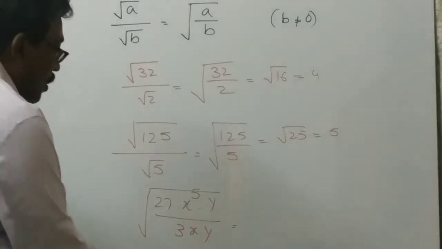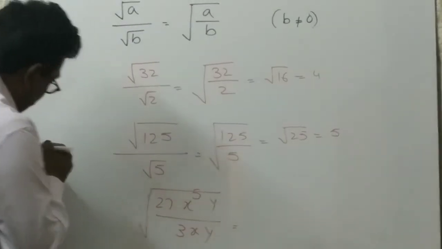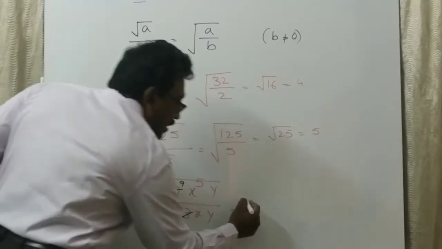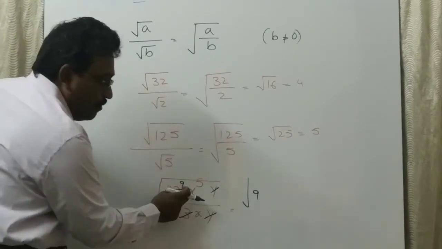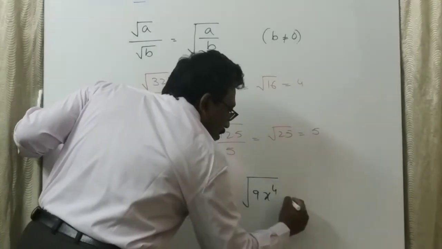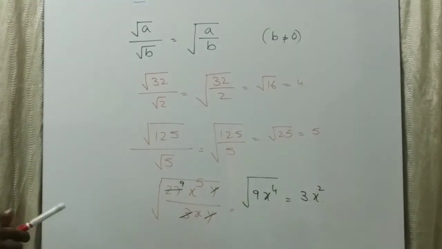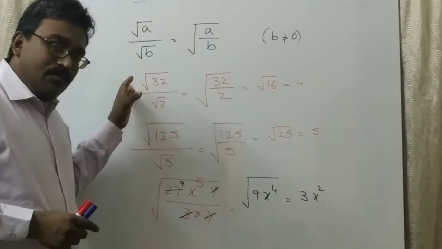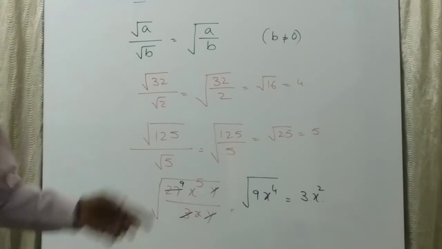Now we will divide. 3 in 27, 9 times, cancel. The y gets cancelled, and x power 5 by x gives x power 4. So we have root of 9 x power 4, root of 9 is 3, x power 4 root is x square, so 3x square. This formula will extend for constants, variables and together also. This is our second property.